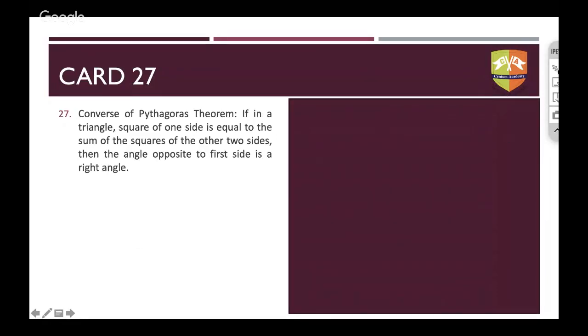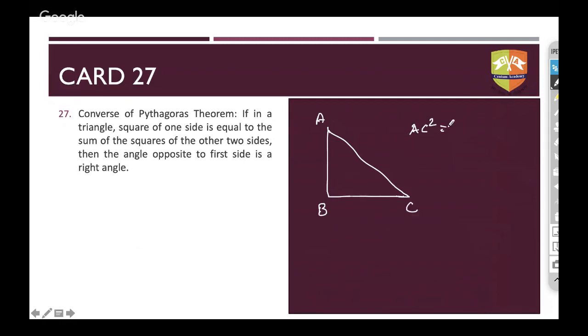It says that in a triangle ABC, if AC square is equal to AB square plus BC square, then angle ABC is a right angle, 90 degrees. You have to prove that. Okay.